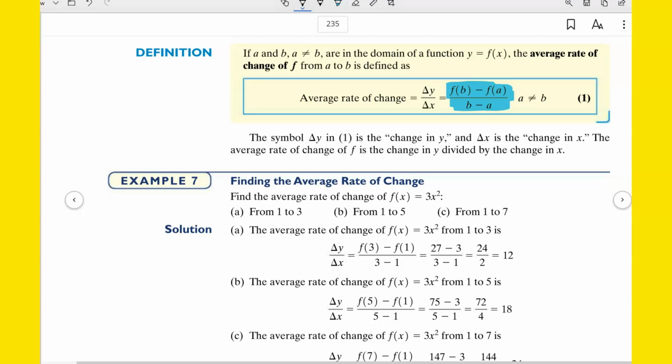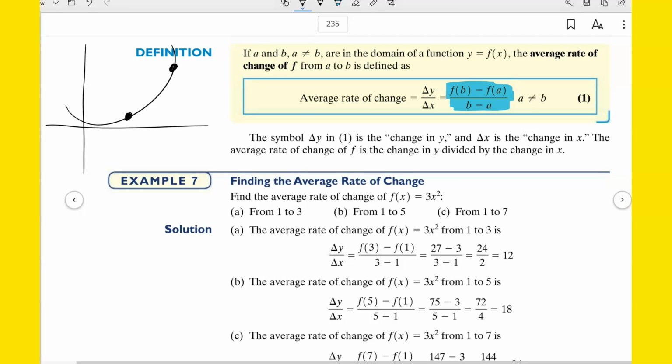This is the same thing, let me show you. Let's say you had this parabola. Let's just pretend this is a parabola, and you have these 2 points. We're trying to find the average rate of change.